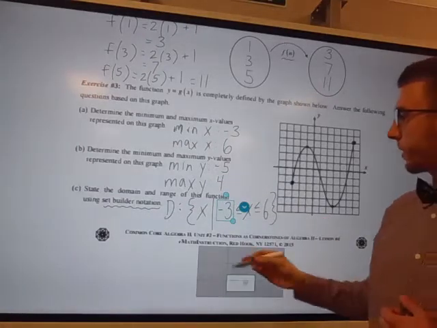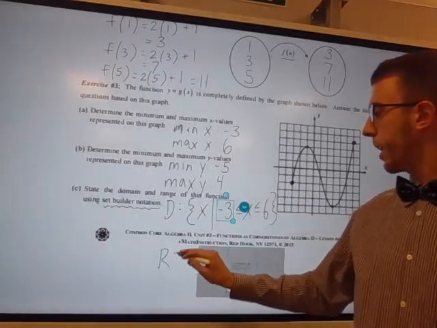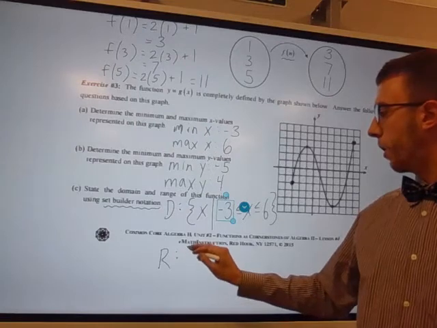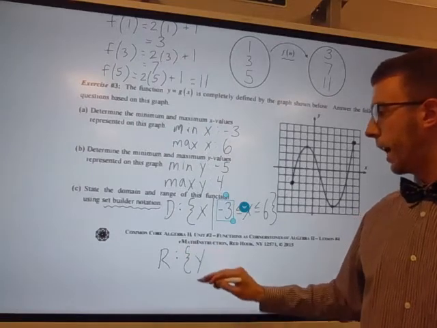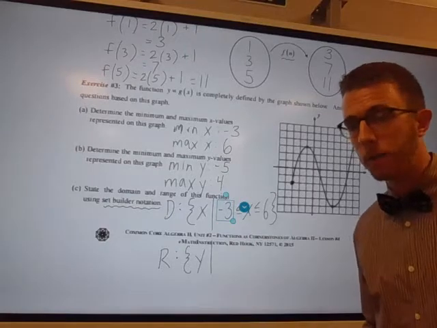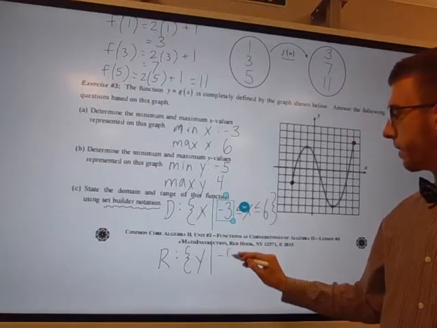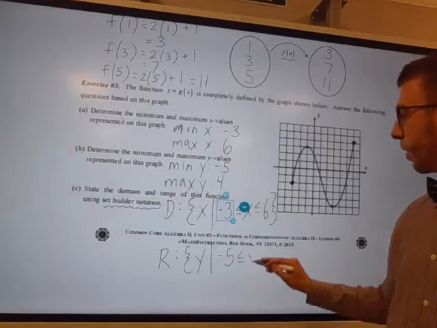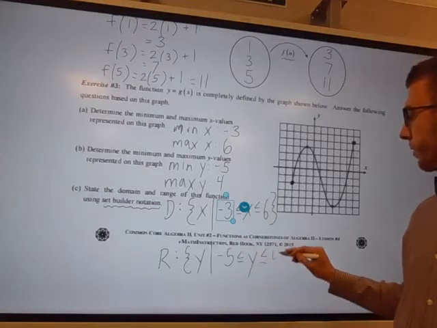And the range works the same way. So our range now is all the values of y such that, what's our minimum y value? -5 is less than or equal to y, which is less than or equal to 4.